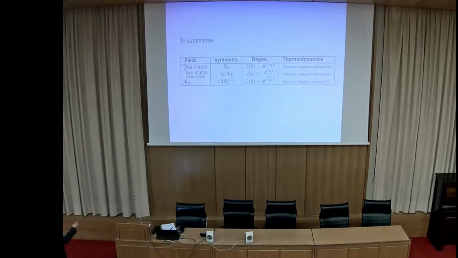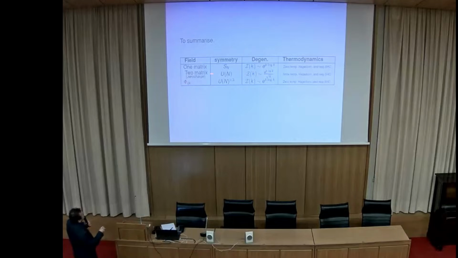So to summarize then, there are 3 different examples where we saw very similar features. In the one matrix discrete symmetry, there was this k or k factorial growth when capital N is much larger than k, and then in the 3 index UN tensor, there was again k log k, so very similar, 0 temperature Hagedorn, negative specific heat capacity.